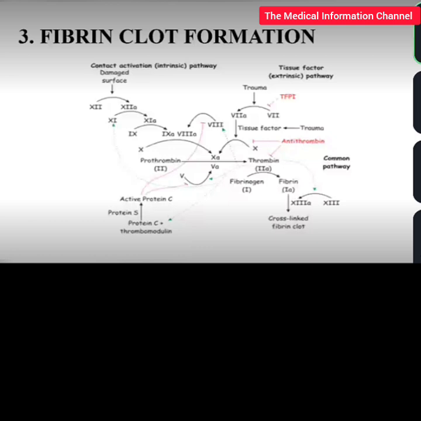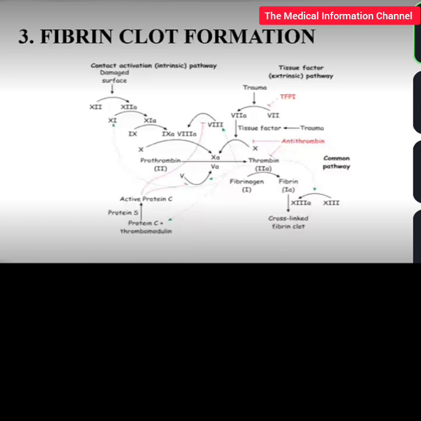Then in the intrinsic pathway, factor 12 is released and activated, which then activates factor 11, factor 9, and factor 8, which then activates factor 10, which is where they now meet in the common pathway. So both the intrinsic and extrinsic pathways lead to the activation of factor 10.